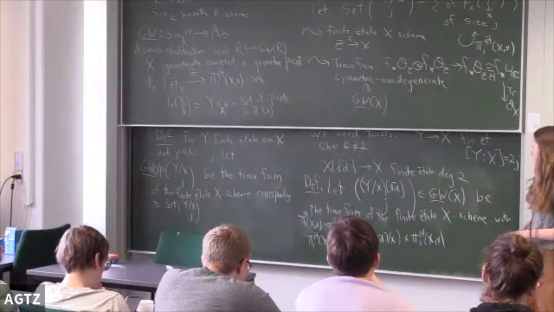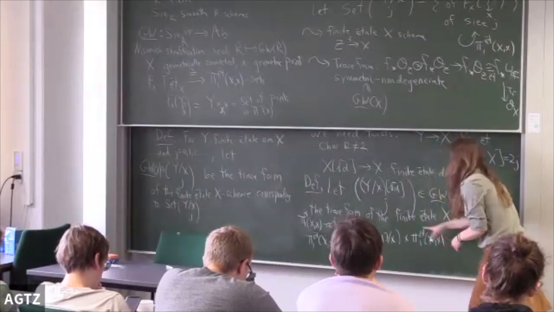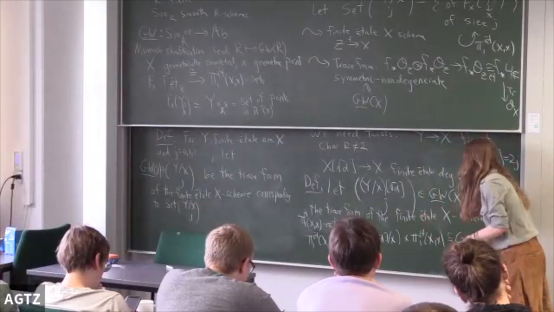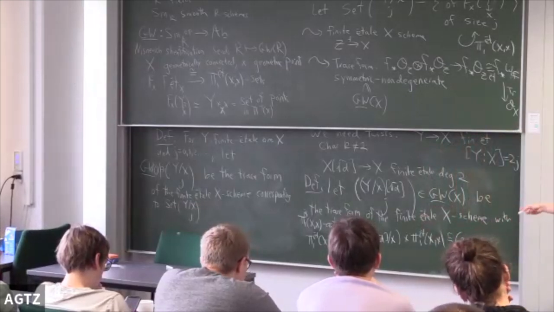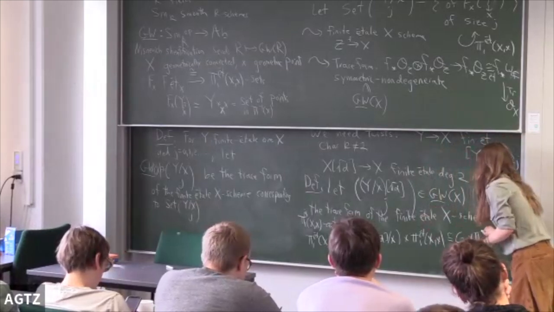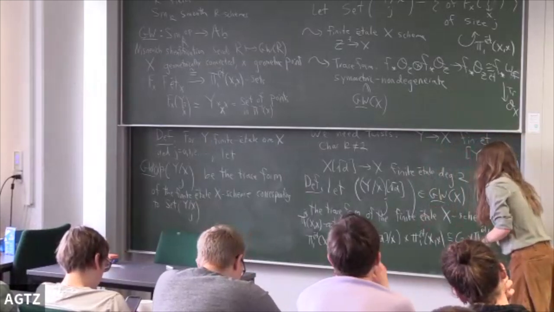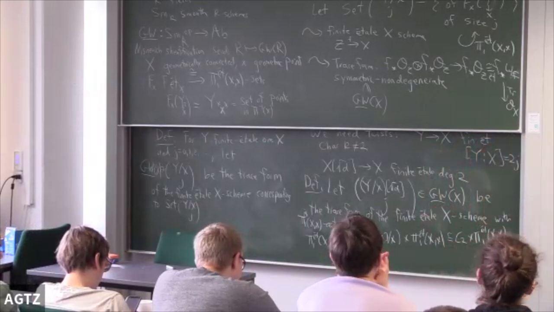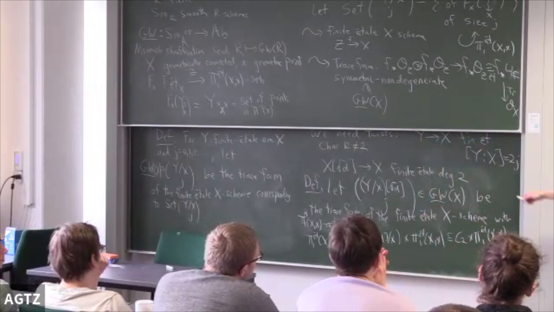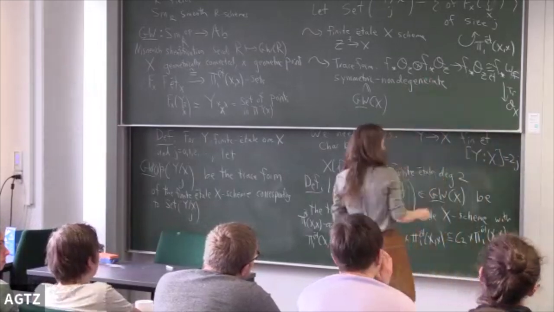And then the Galois group for this degree 2 extension, we're not in characteristic 2, is canonically isomorphic to the cyclic group on 2 elements. But we have 2 commuting actions, one of the cyclic group on 2 elements and one of pi1 of x on this set of subsets.